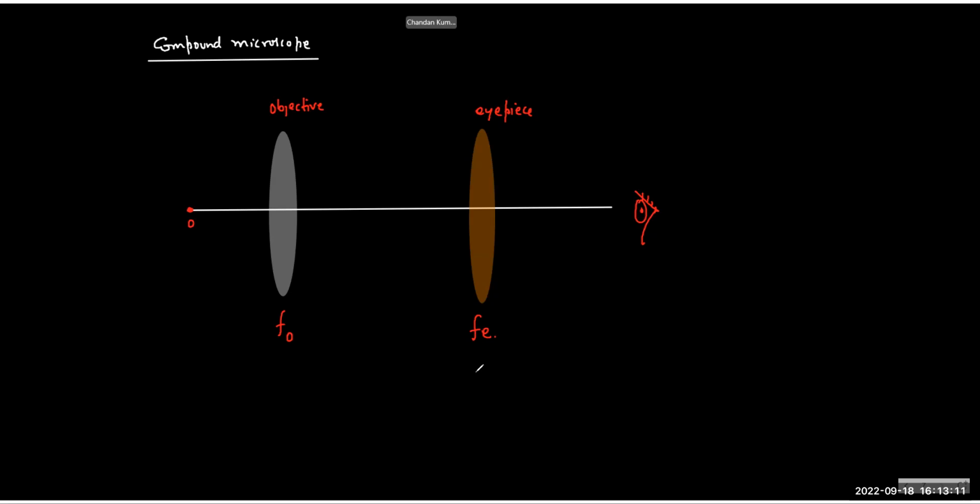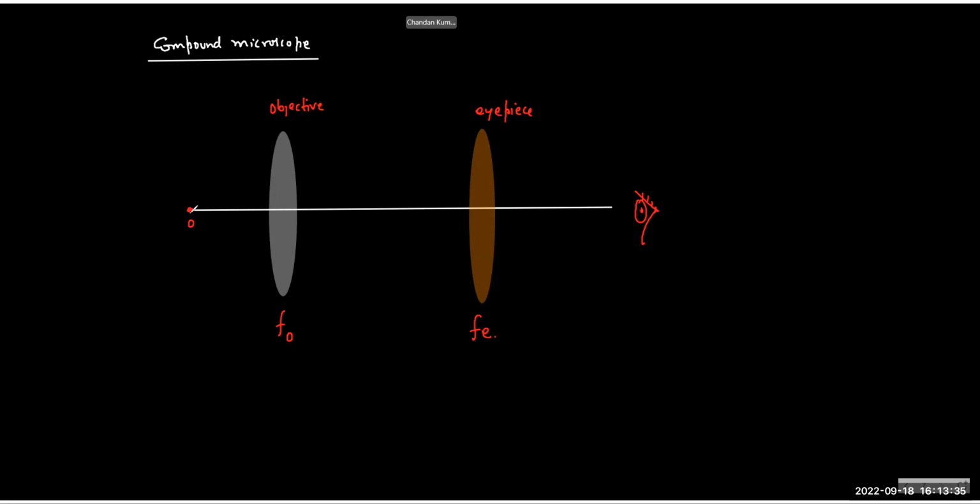Okay. So what do you want? Of course, you want the light from the object, after passing through the objective, to go to the eyepiece. Because if it will not go to the eyepiece, we won't be able to see it. So we want a real image because we want the image on the right of the lens.